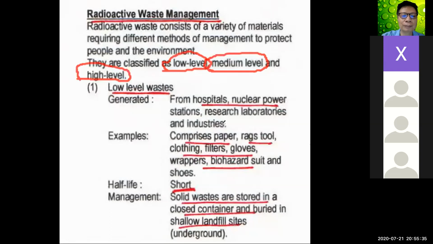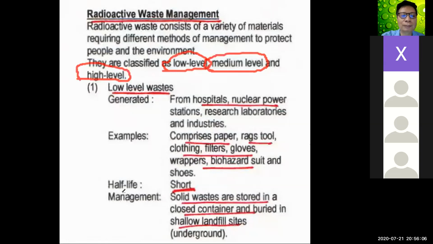The paper, tools, clothing, the shirt they wear, filter, cloth. After the workers finish work, the cloth cannot simply be thrown away. Wrapper, biohazard suit, the special shirt and shoes. All these are examples of low level. So half-life short. Half-life short is low level.